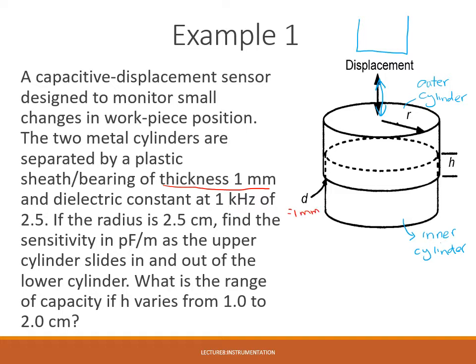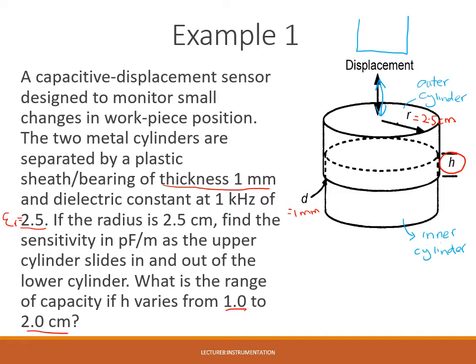Then the dielectric material in between the distance is given 2.5 here. Meaning this is epsilon r equal to 2.5. The size of the cylinder given the radius is equal to 2.5 cm. So we need to find what is the capacitance value if the H here is changing from 1 to 2 cm.